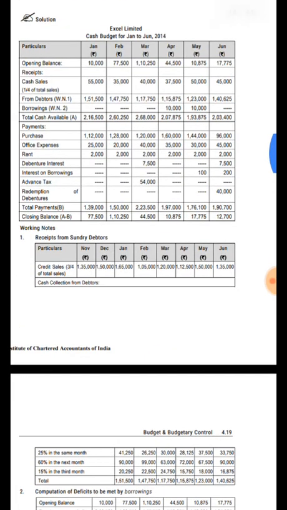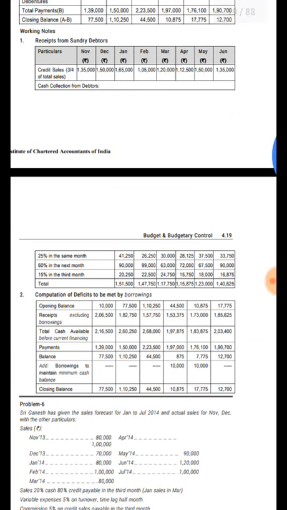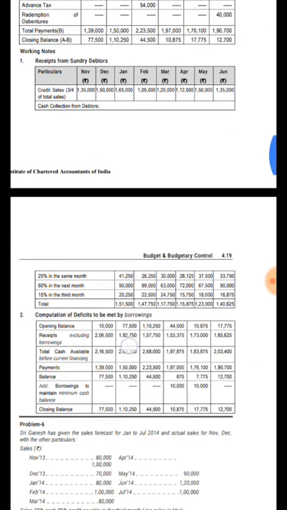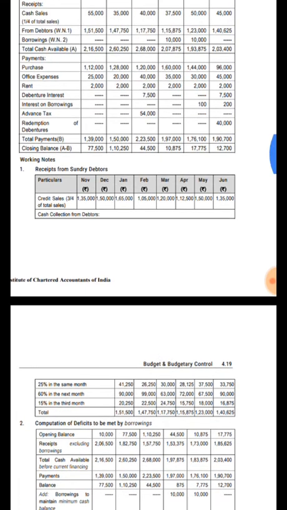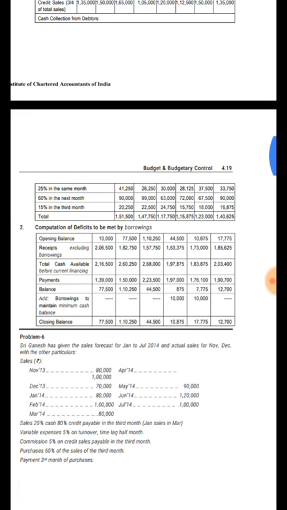Just like that, next month's receipt is 35,000 plus 1,47,750. So that is coming around 1,82,750. If you add that with the opening balance, total cash available is 2,60,250. Then payment is 1,50,000.